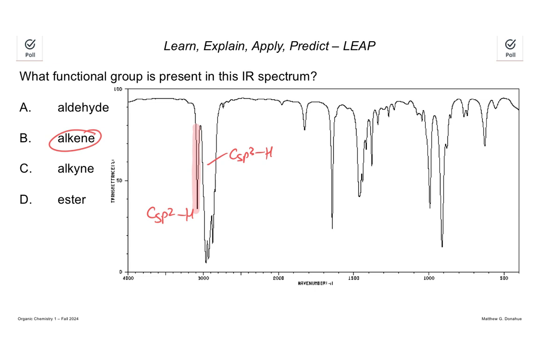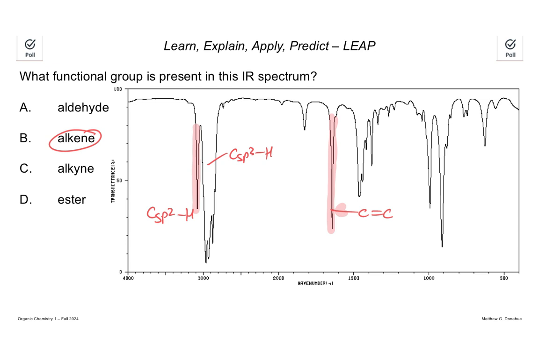There's also this other sharp signal here. It falls into region 3, which is the double bond stretching. But notice it does not have the intensity of a carbonyl stretch. So this is a C=C double bond stretch.